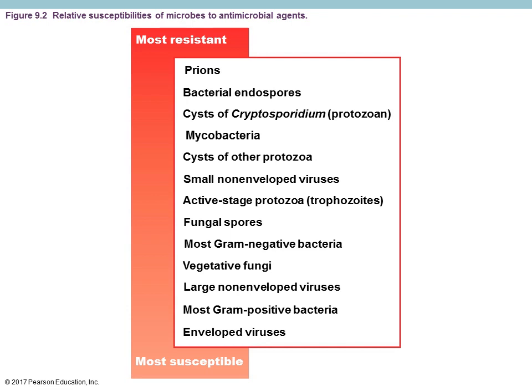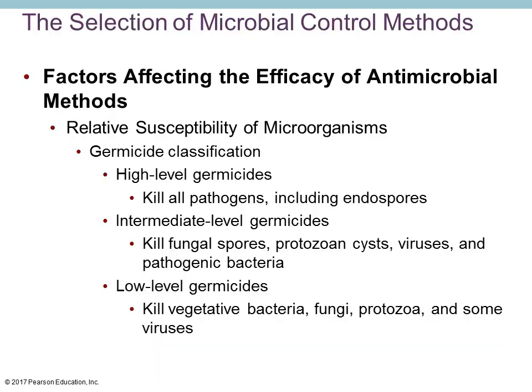Prions are very resistant. So you may find something that's effective only against the bottom third or the bottom two-thirds. You have to keep that in mind as you're trying to develop something new. What are you trying to kill? What can you use?